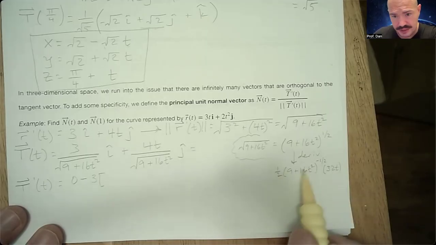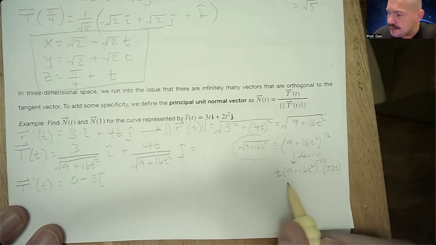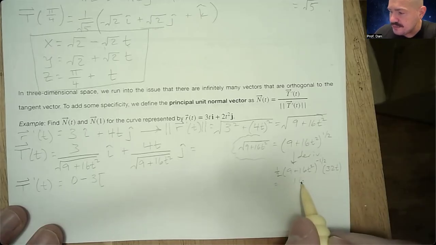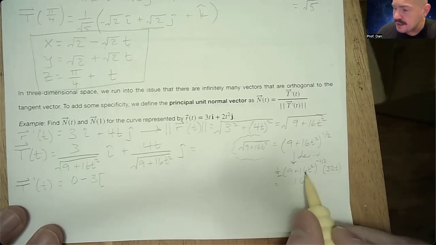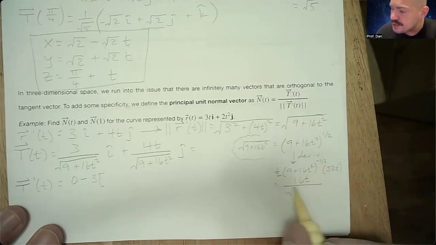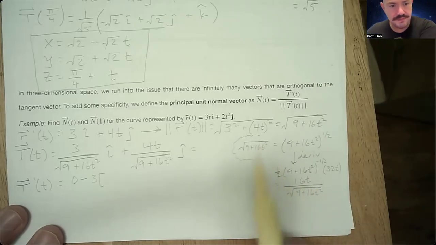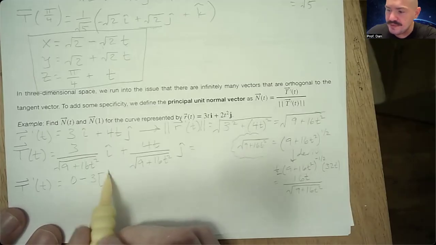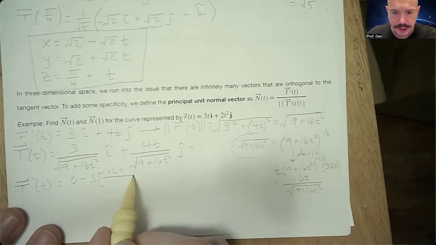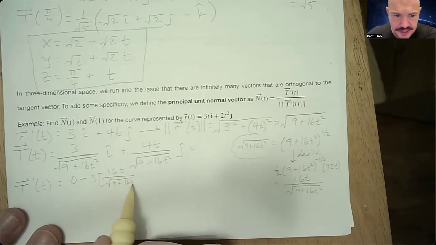I can't do anything with this because that's raised to a power. If I multiply the 1/2 and the 32, that's going to give me 16t over, because that's a negative exponent, I can bring this down, the square root of 9 plus 16t squared. So this is the derivative of that square root term. So you have 16t over square root of 9 plus 16t squared.